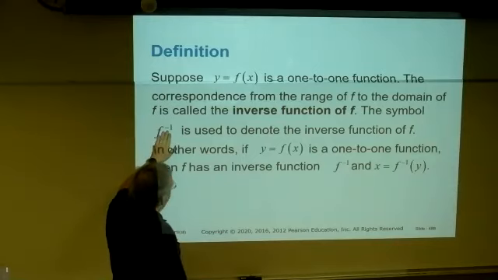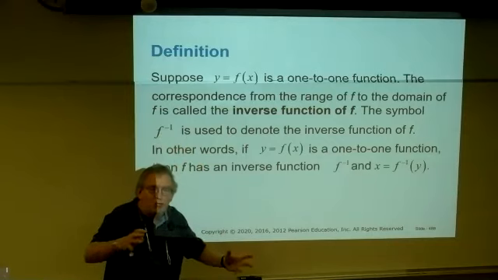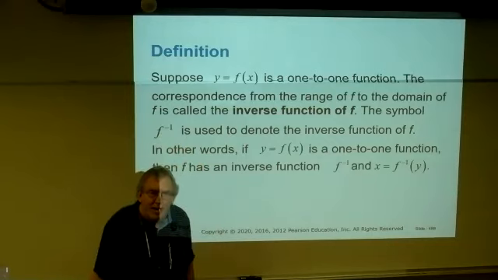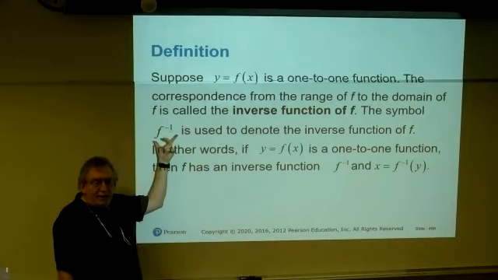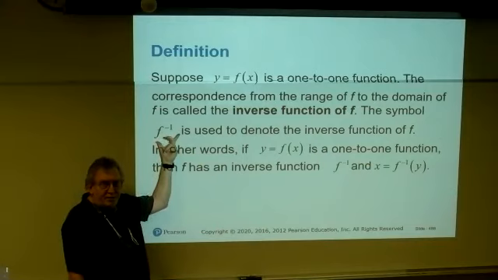So instead of having to write the words, the inverse function of f, we write it this way. And I will very often say f inverse or the inverse of f.